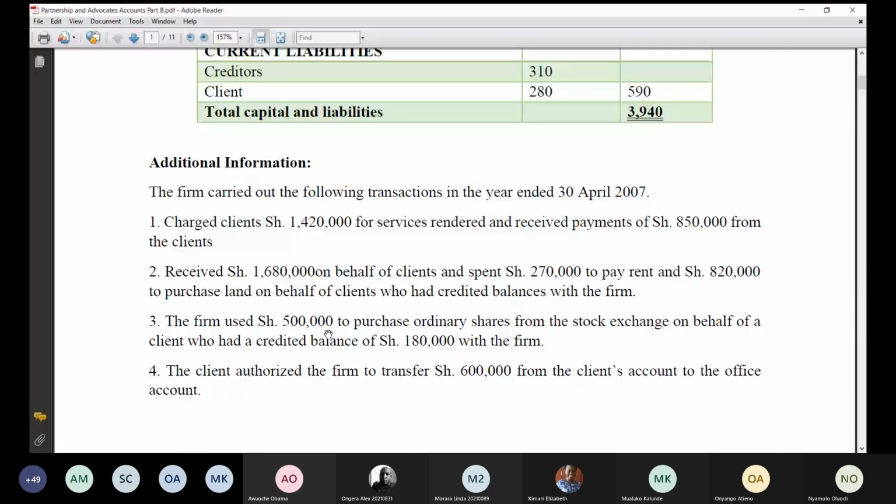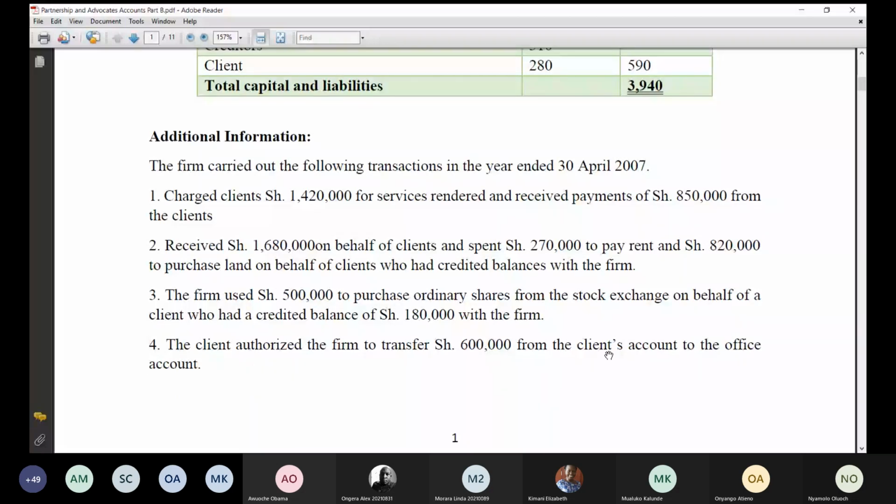Number two, he received a further 1.6 on behalf of clients and spent 270 to pay rent and 820 to purchase land on behalf of the client who had a credit balance with the firm. The firm used 500 to purchase ordinary shares from the stock exchange on behalf of a client who had a credit balance of that.